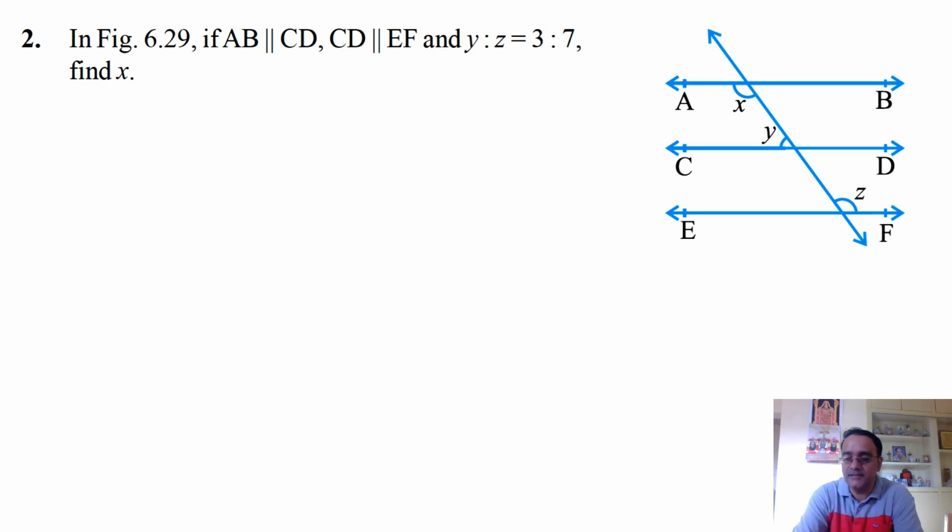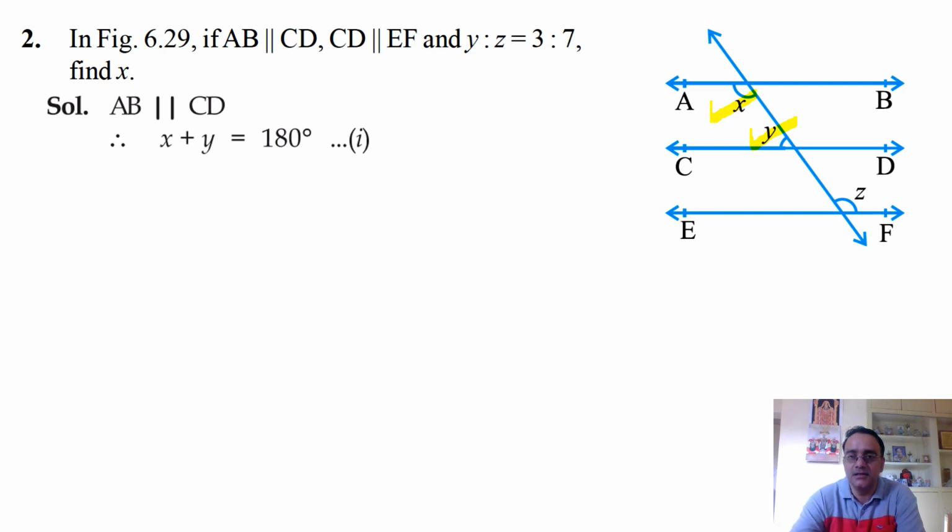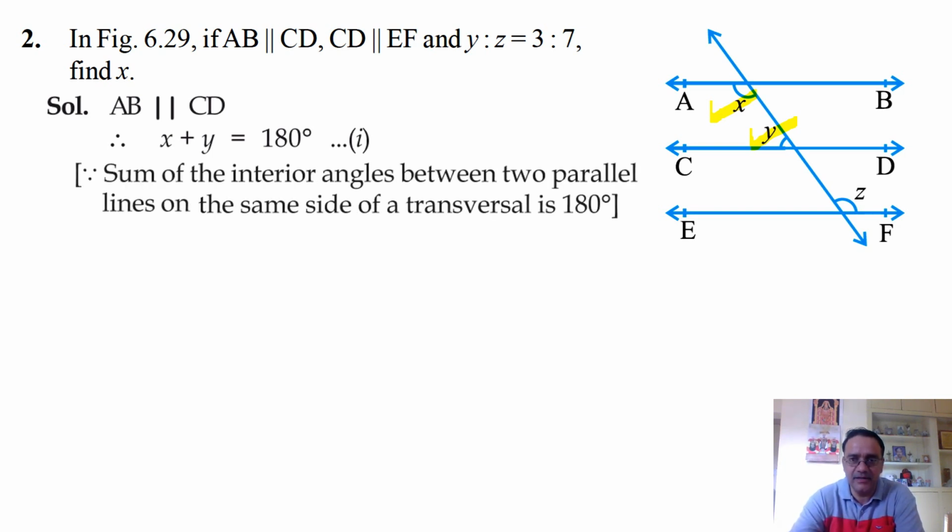Because two lines parallel to the same line are parallel to each other. Now since AB is parallel to CD is given, angle x plus angle y, the sum of these two angles is equal to 180 degree. Why? The sum of the co-interior angles on the same side of the transversal is 180 degree, right?